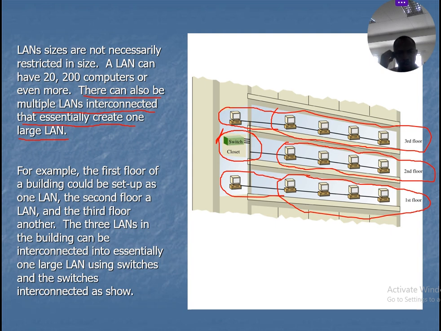Now, each of these small LANs can be interconnected to form a big LAN using switches. Is that okay? So these are different small local area networks in a given building.